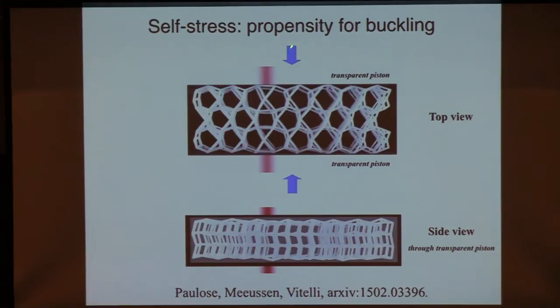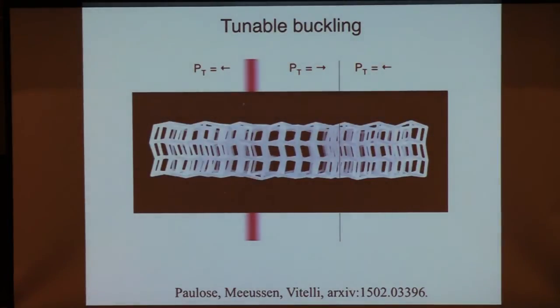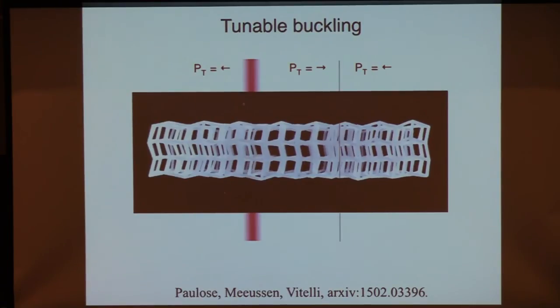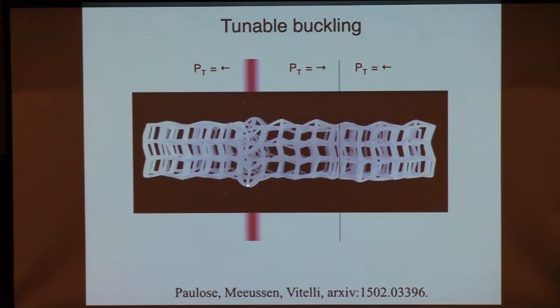Notice that the states of self-stress are just little tiny geometrical variations that do not change the material parameter throughout the sample. But what I want to show you here is what happens where they're localized if you compress the structure. Okay? If you compress the structure, you will see that the buckling deformation is entirely localized where the self-stresses are.